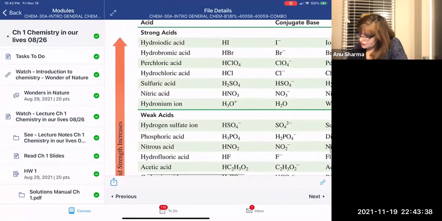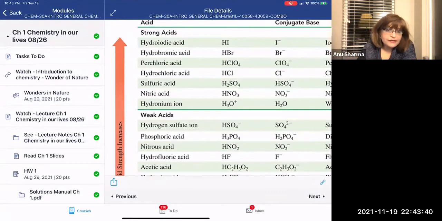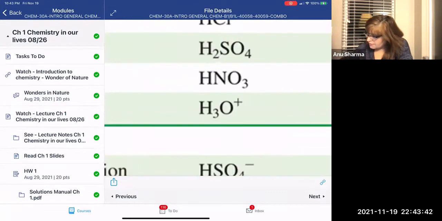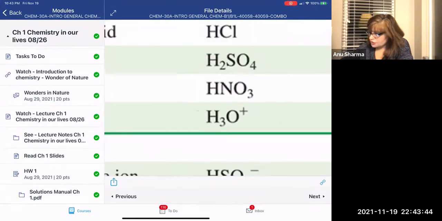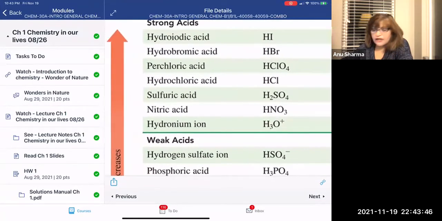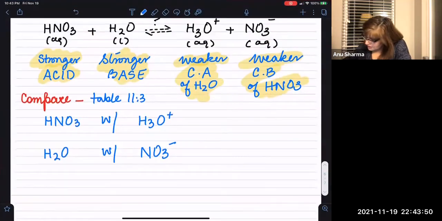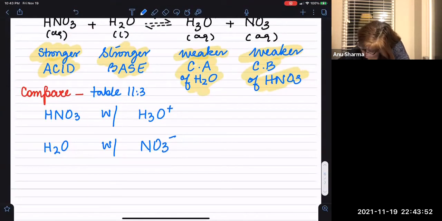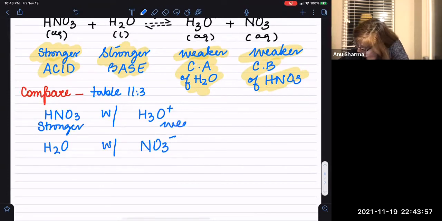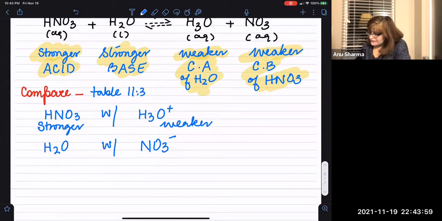So you see HNO3 is stronger in comparison to the hydronium ion right here. HNO3 is on the top and hydronium ion is at the bottom. So we will put here that HNO3 is stronger, and this is comparatively weaker. Next is water and the nitrate ion. Same thing.